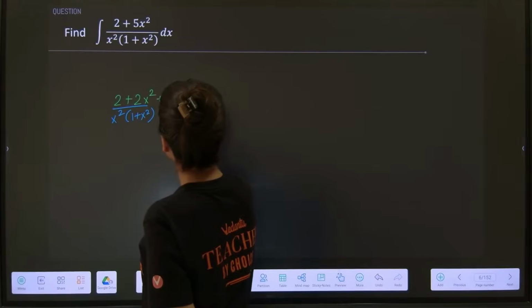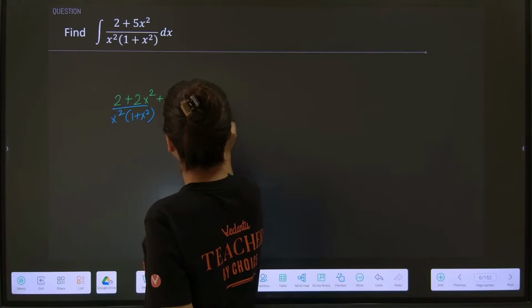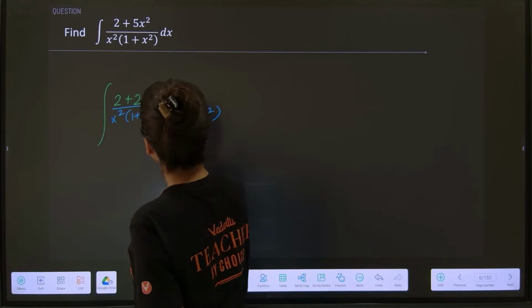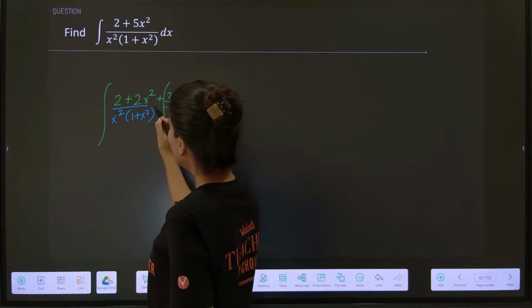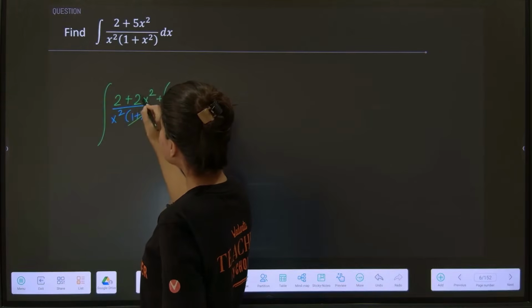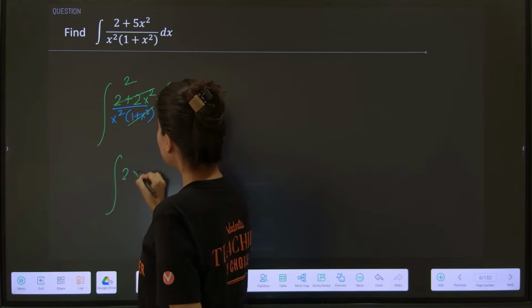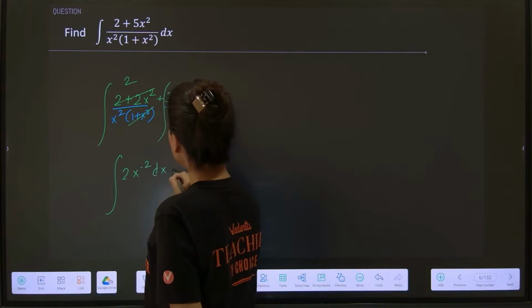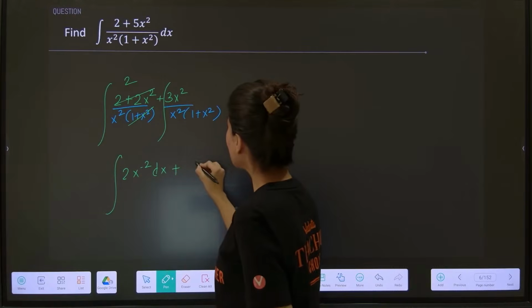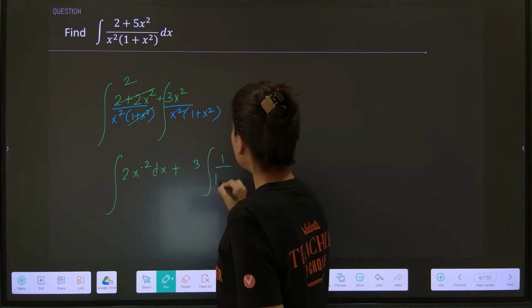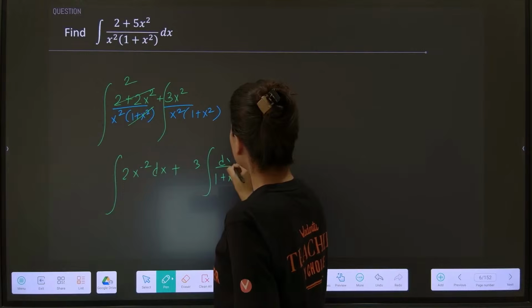Clearly 1 plus x square and 1 plus x square will be gone. This will be integration of 2x power minus 2 dx plus x square cancels, so 3 times 1 upon 1 plus x square dx.